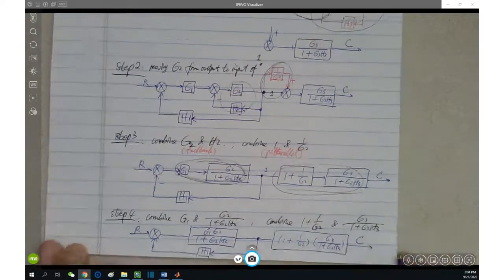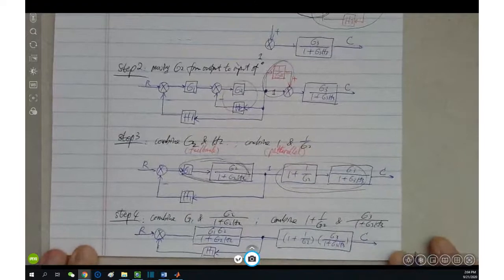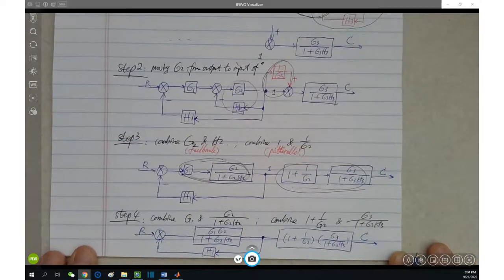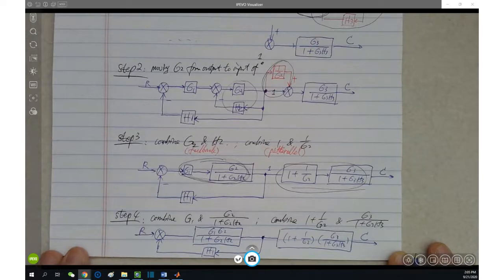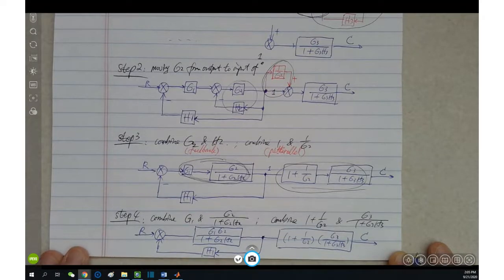Pretty much you combine two cascades, and then this is our block diagram, right?